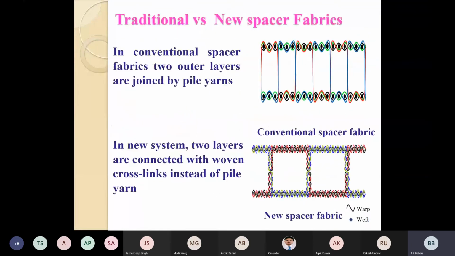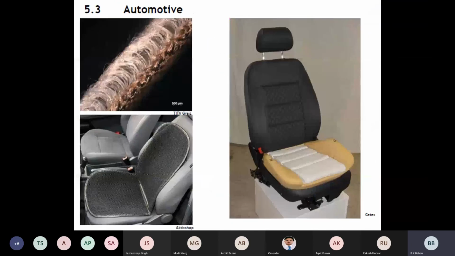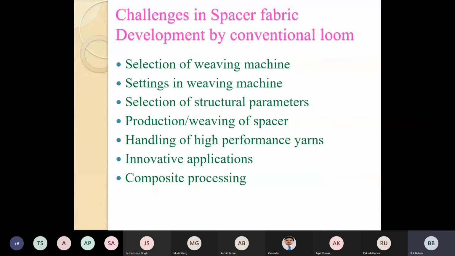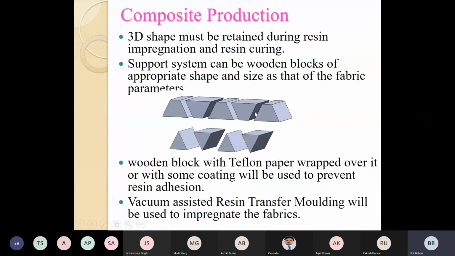So when you need to convert this fabric to composite material, one of the basic requirements is you have to produce molds of different designs. Those molds are to be inserted through those spaces. Then the whole fabric with molds is to be kept in a vacuum assisted resin transfer molding system to impregnate resin into the fabric to make them composite material.